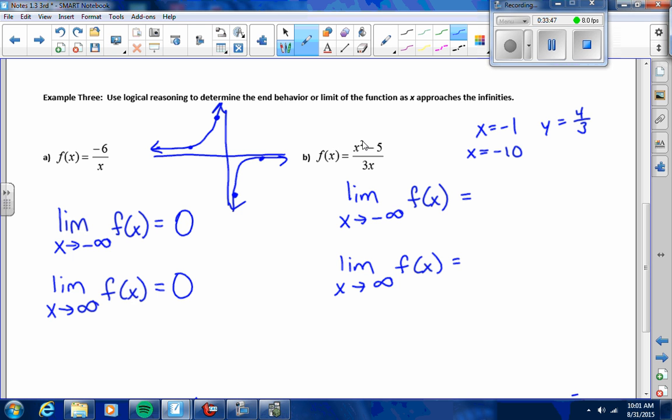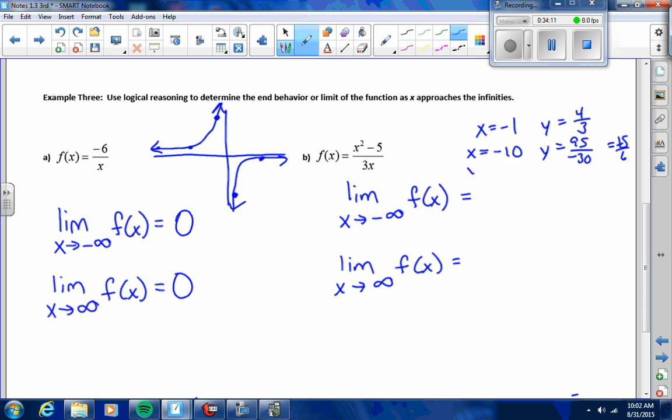Now let's go x equals -10. -10 squared is 100, minus 5, 95, over 3 times -10, which is -30. So what is that? -19/6. Good.